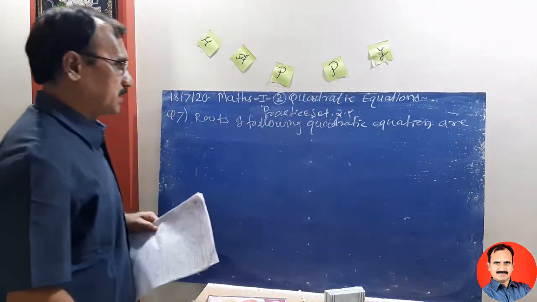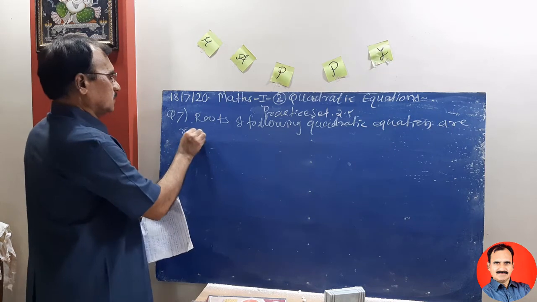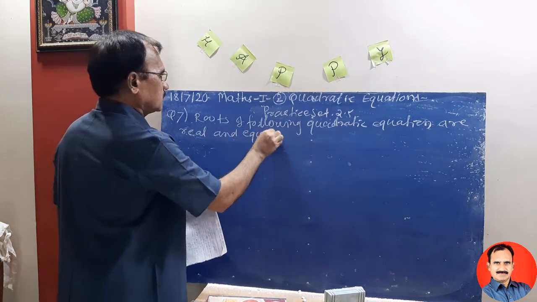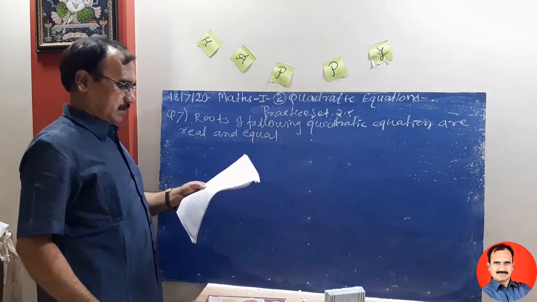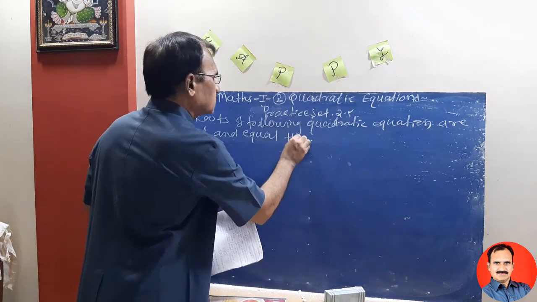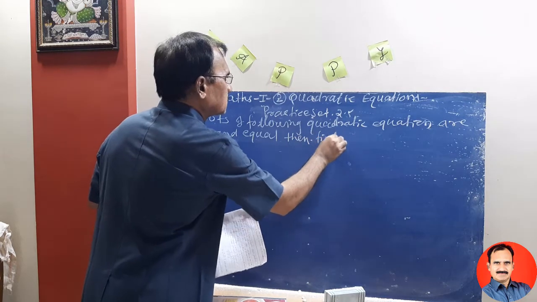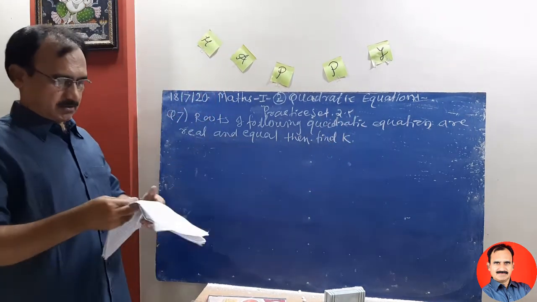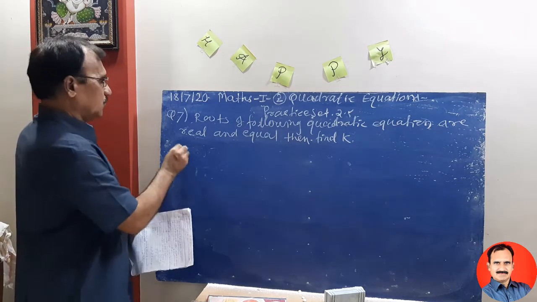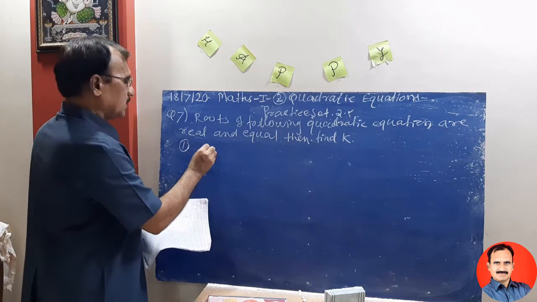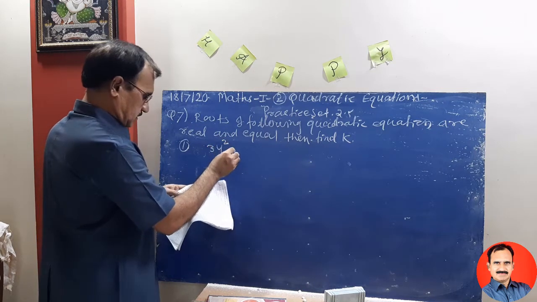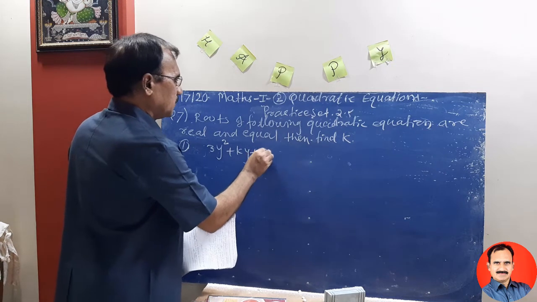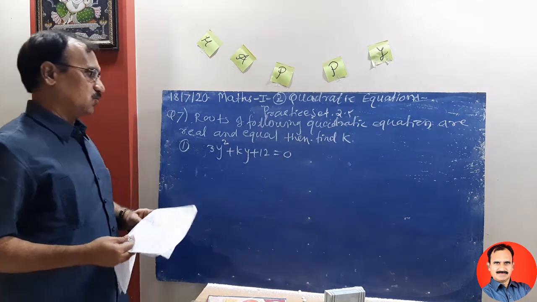Very important condition is given here. Then find k. Here this condition is very important. First example, 3y square plus ky plus 12 is equal to 0.